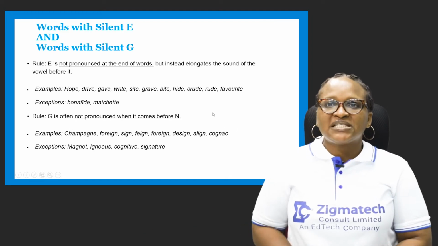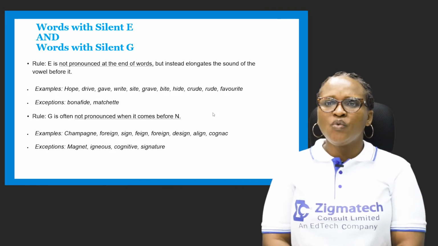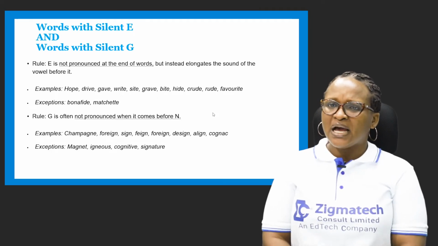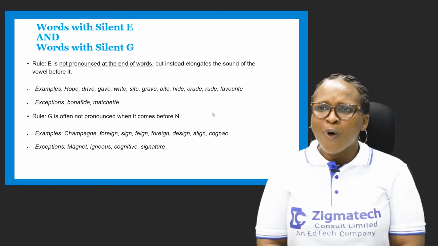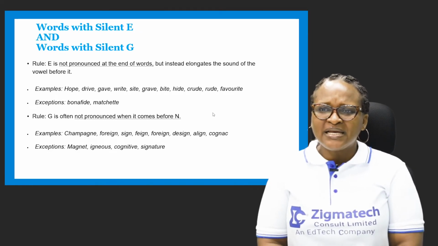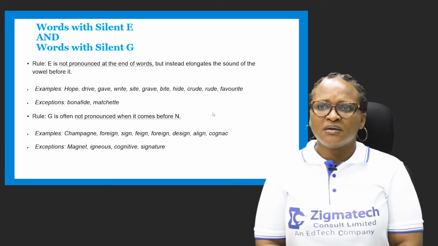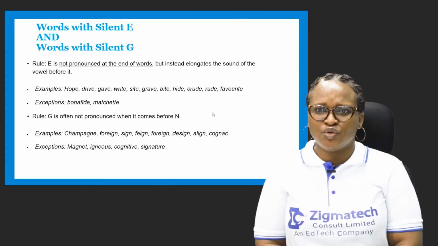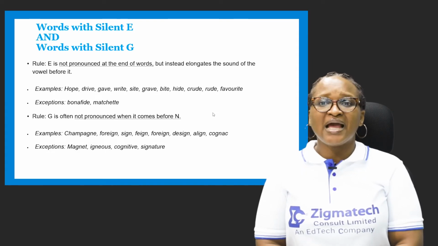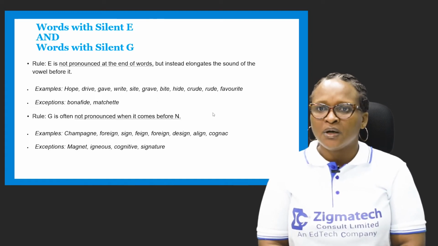So we have silent E and silent G. Now there are words that end with E and the E is not pronounced. Why? Because the vowel within the word, before the consonant that leads to the E, is either a long vowel sound or a diphthong.